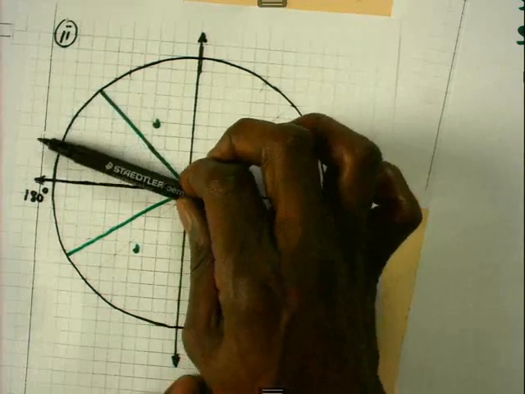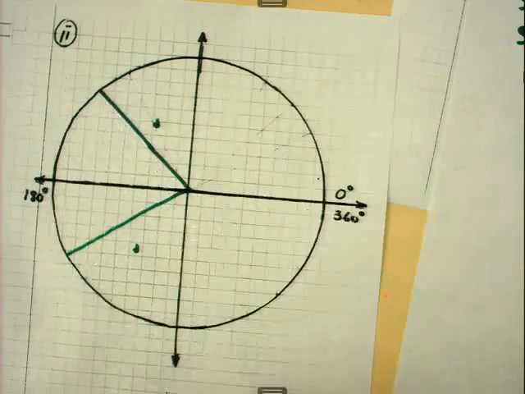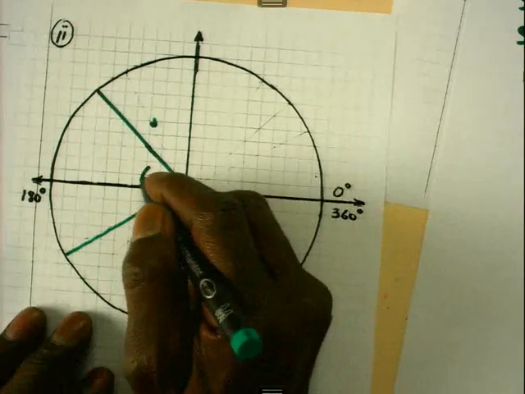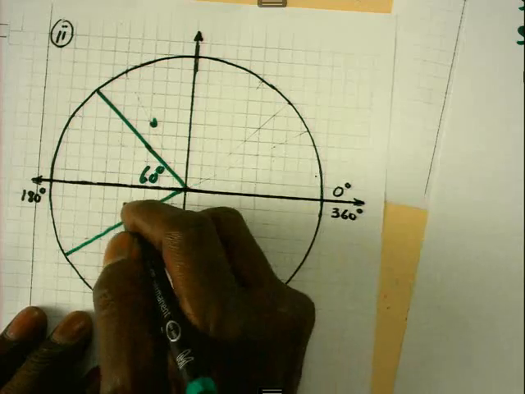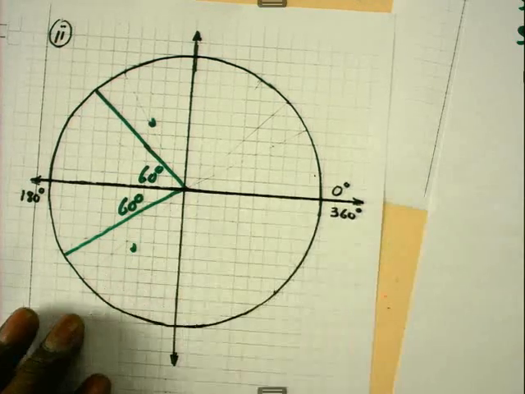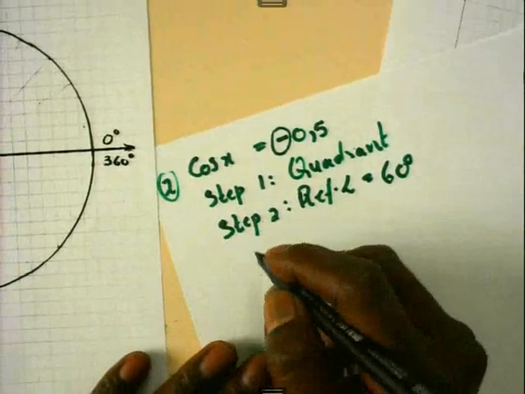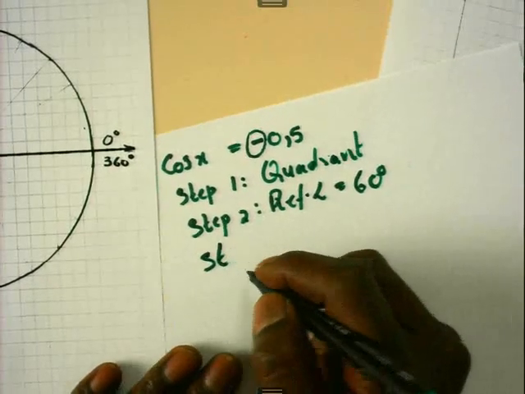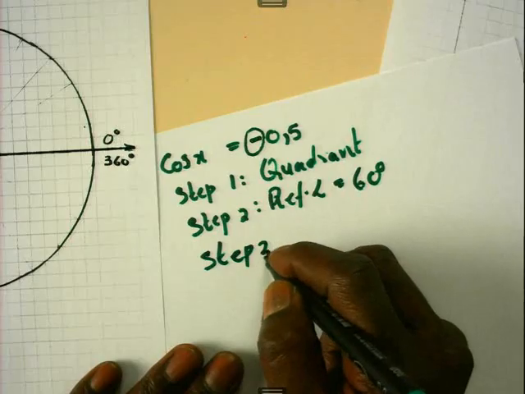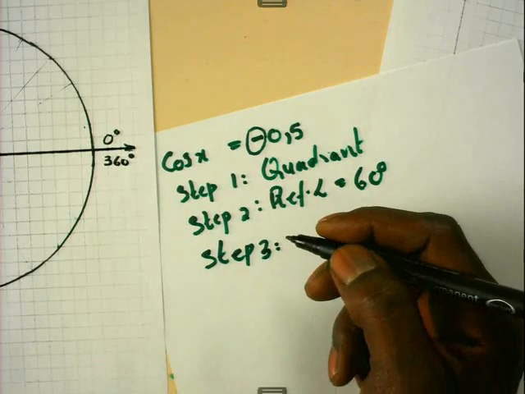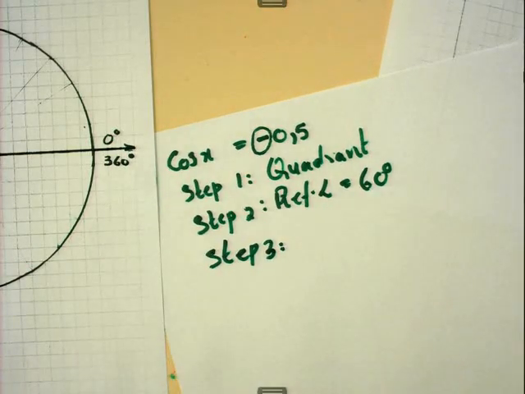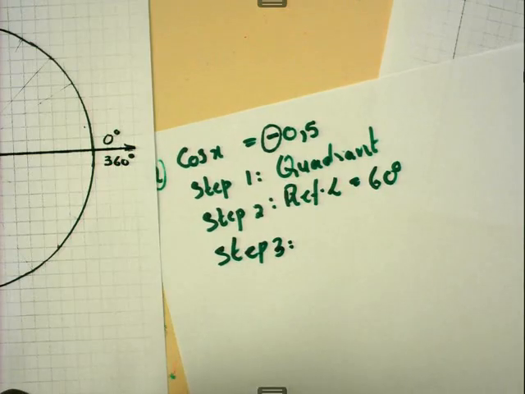So my reference angle should be 60 degrees. That implies this angle must be 60 degrees and that angle must be 60 degrees. Now we go to the next step. Now that we've got our reference angle, what will be the next step? The next step is now to find the solution.